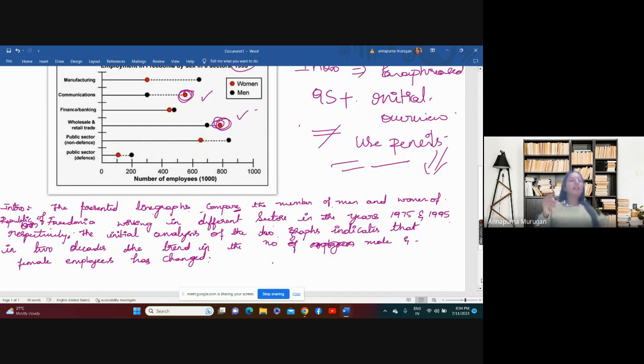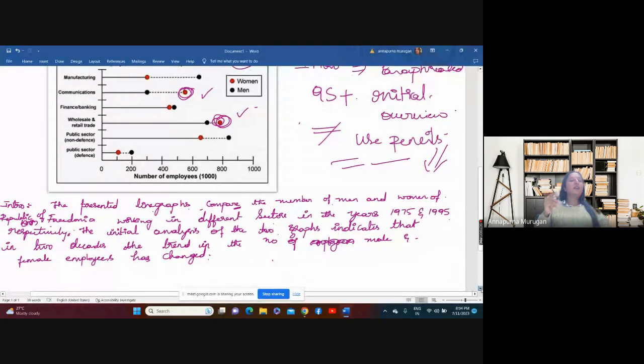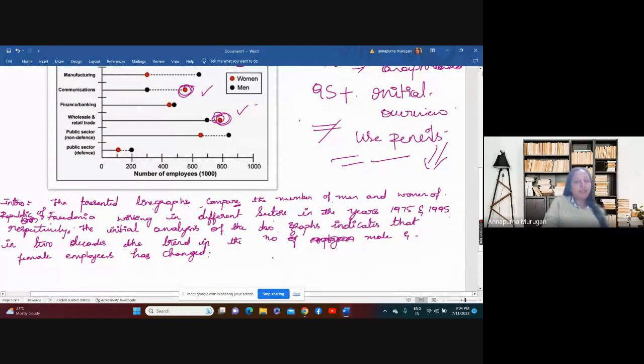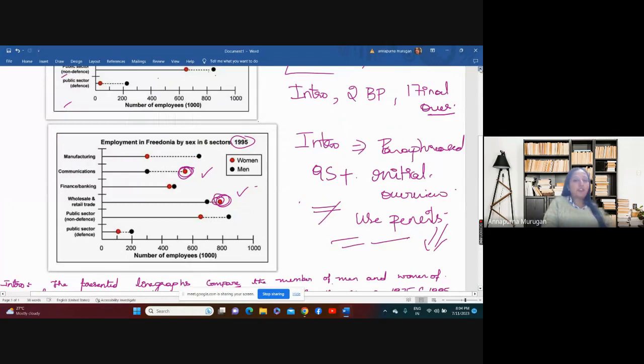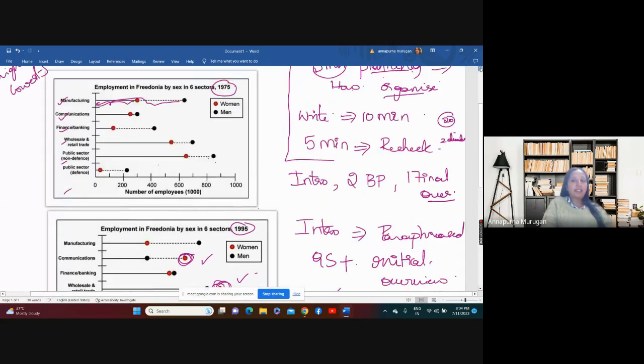So always give that optimistic look. How can you give that? The best 2 sentences we can have: one is your paraphrased question statement, the other one is your initial overview. Right? Now let us write the body paragraph. We have 2 ways of presenting the body paragraph. We have 2 graphs.